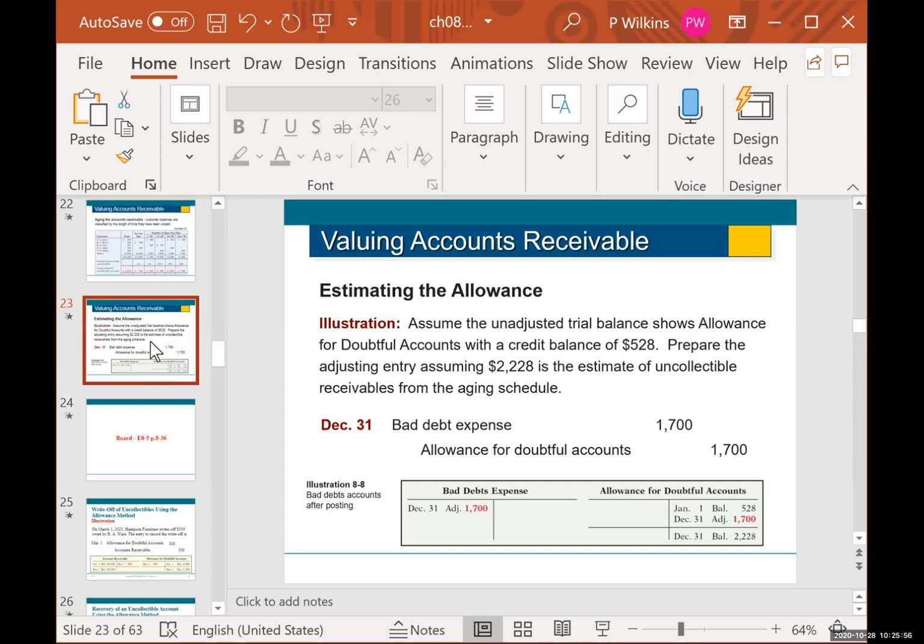So in this case, we're going to be taking $2,228 minus $528. That's going to give us our entry of $1,700. So we are going to debit bad debt expense, $1,700, and we're going to credit allowance for doubtful accounts, $1,700. Okay.